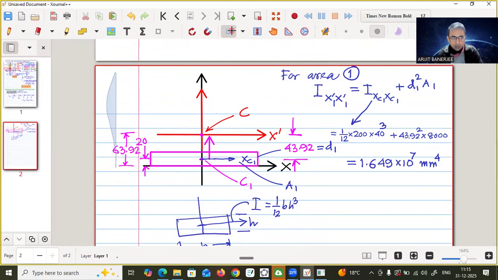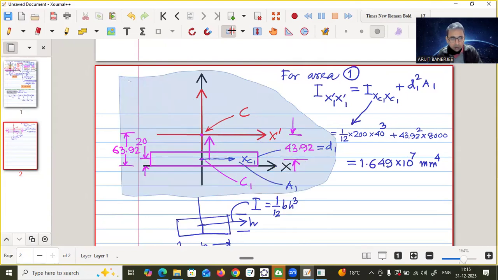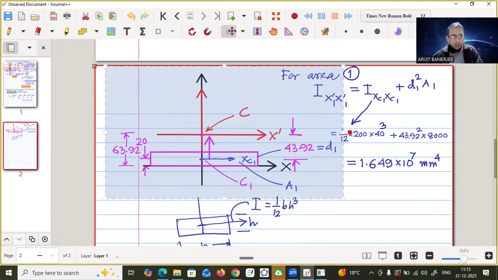We can copy the whole figure and then transfer it.